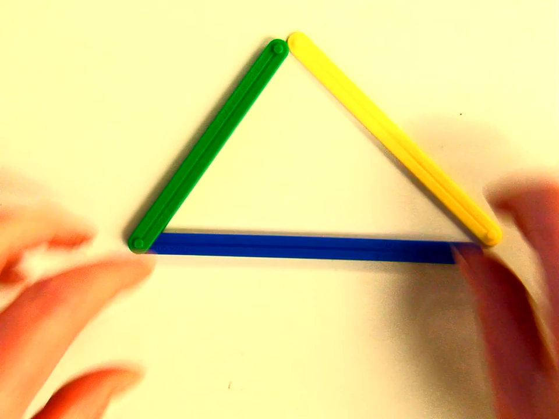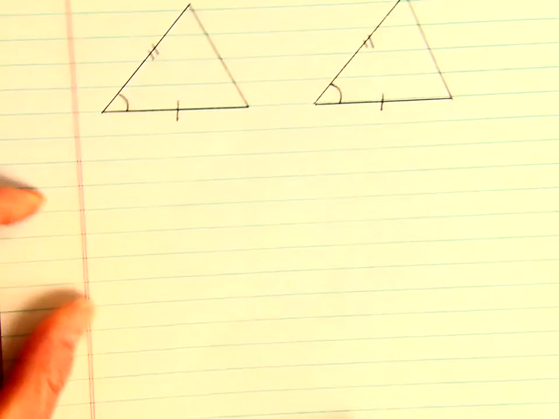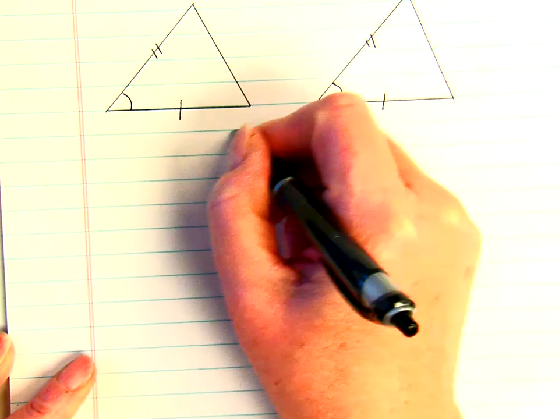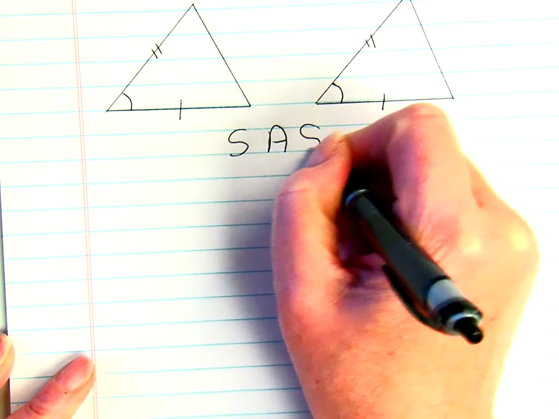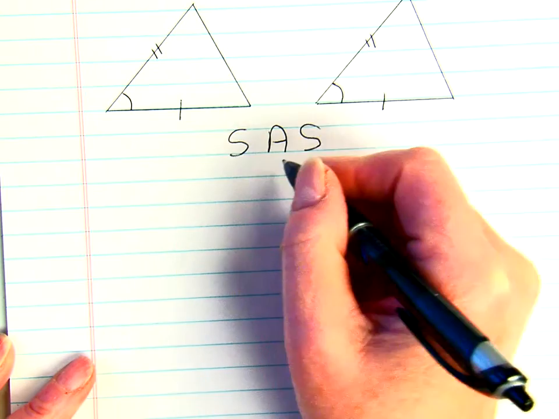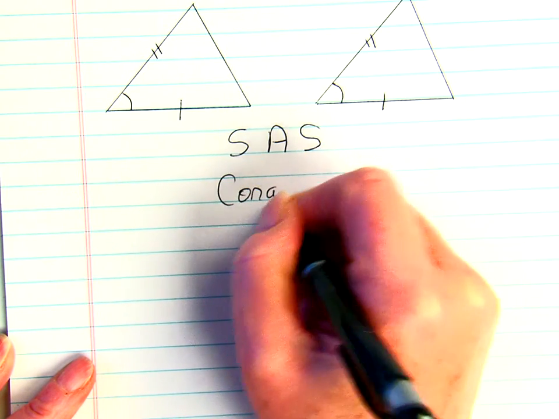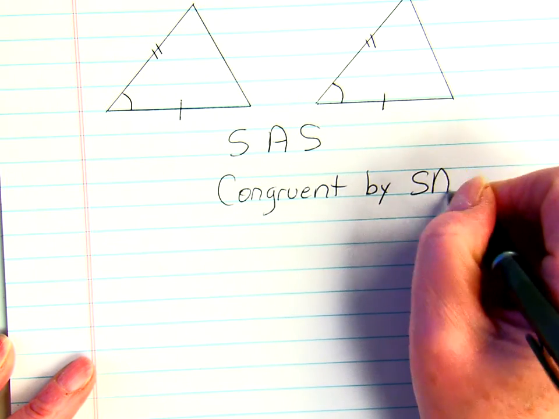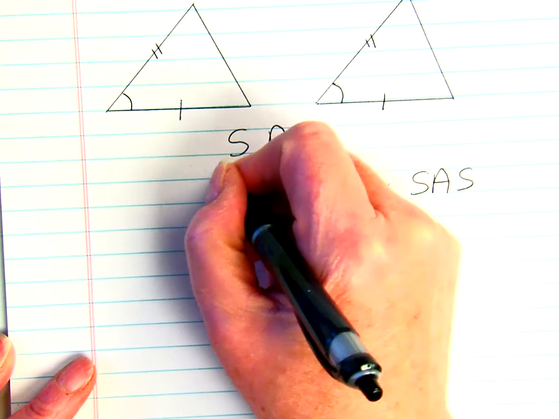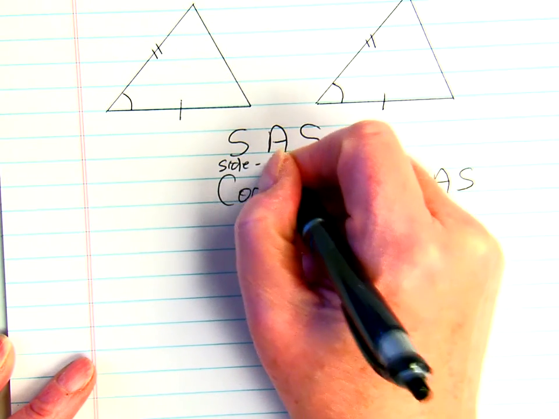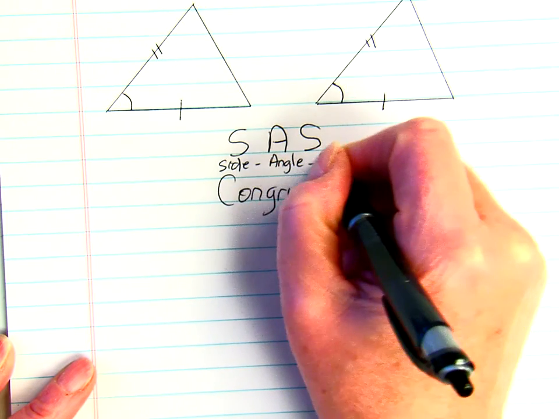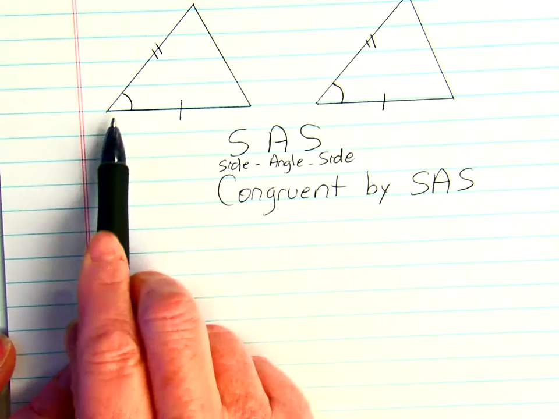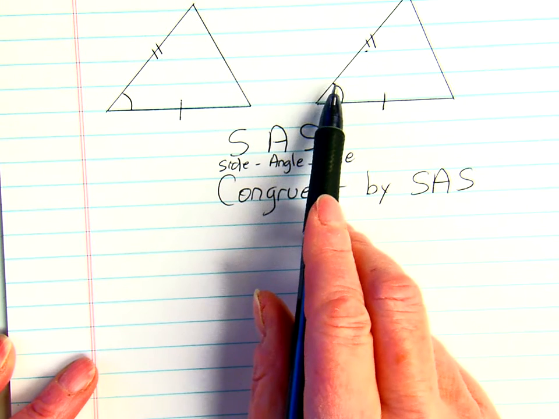So therefore, you can tell if you have two congruent triangles by using side, angle, side. So these are congruent triangles by SAS, and that is side, angle, side. And remember, it has to be the angle that is between the two congruent sides.